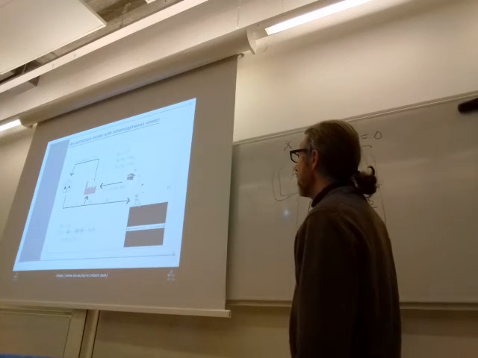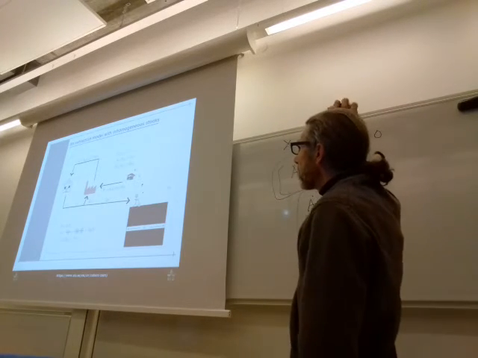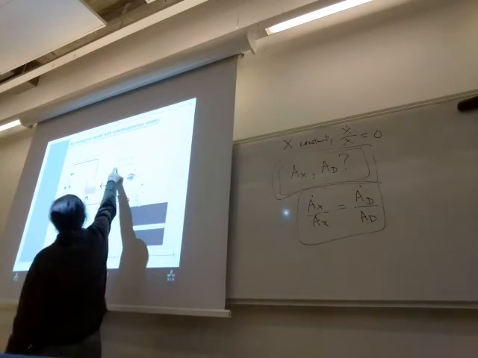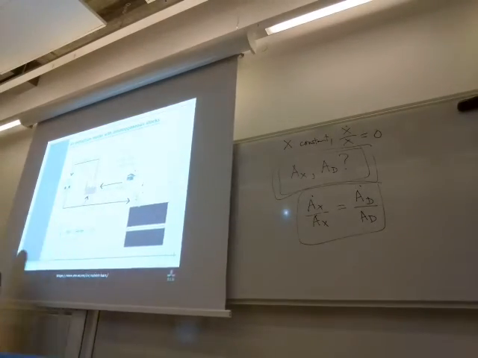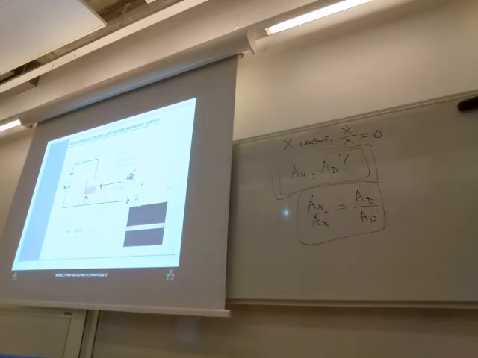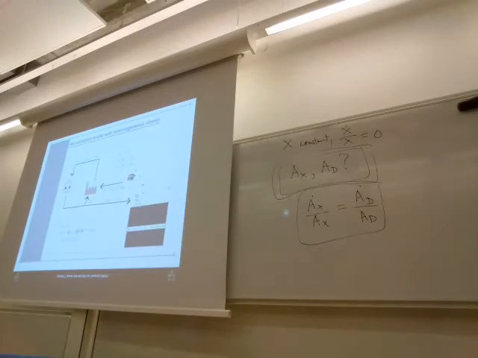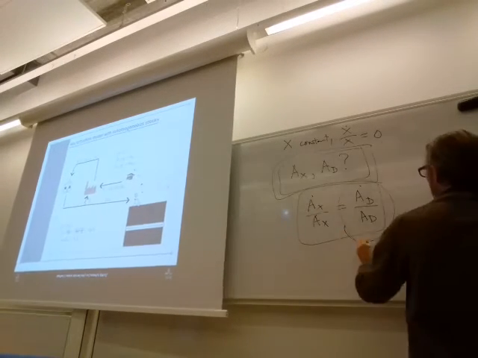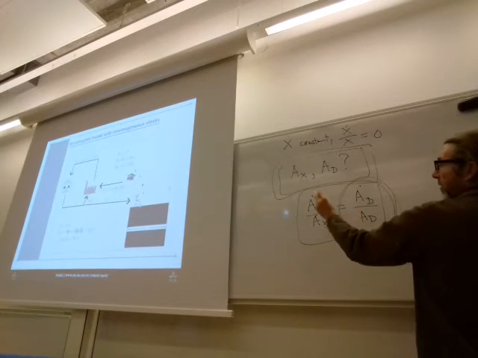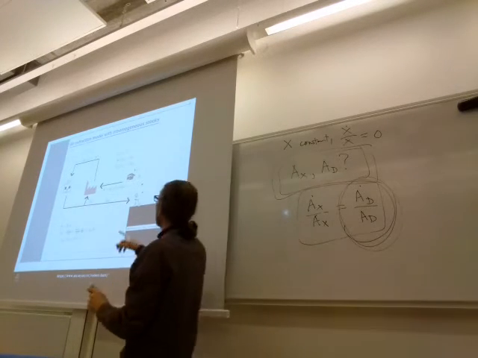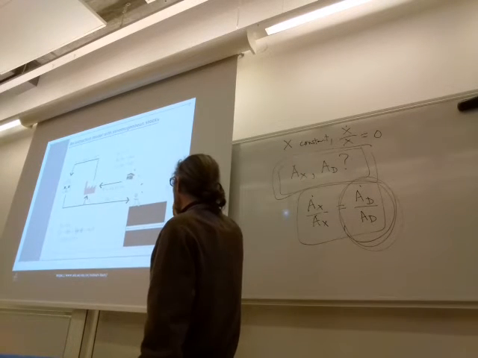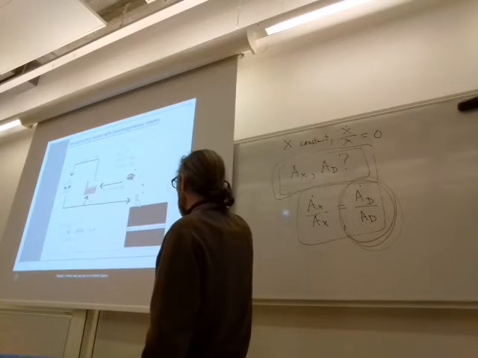Okay. So AX dot over AX we're just given, that's the exogenous rate of technological progress. So then we know that if there's a balanced growth path, this depth factor has to grow at the same rate, theta AY. So the depth factor has to grow at a constant rate.